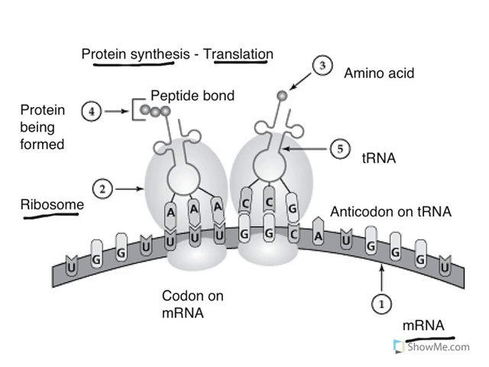So we start with the messenger RNA, and it's going to be read in groups of 3 nitrogen bases called codons. So here is a codon on the messenger RNA, UUU.